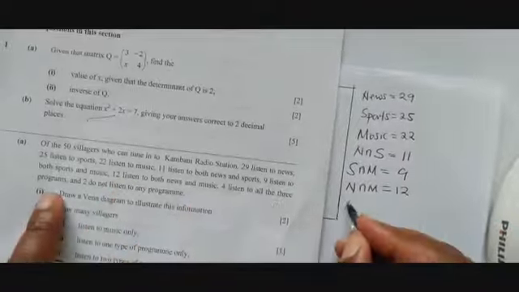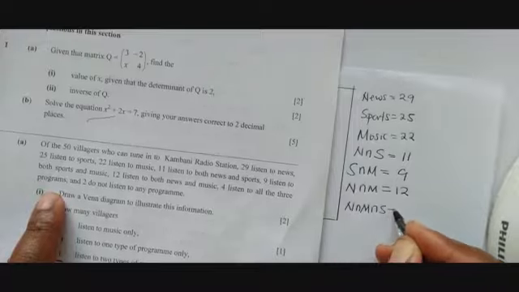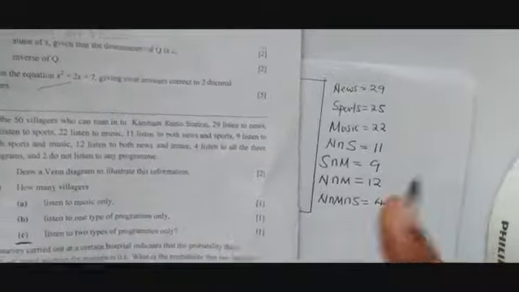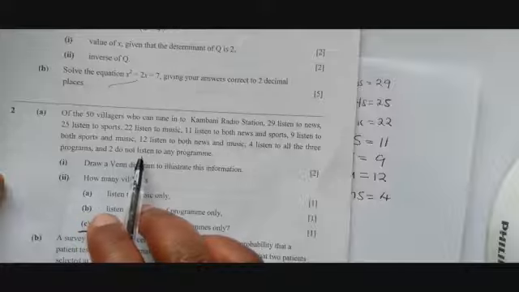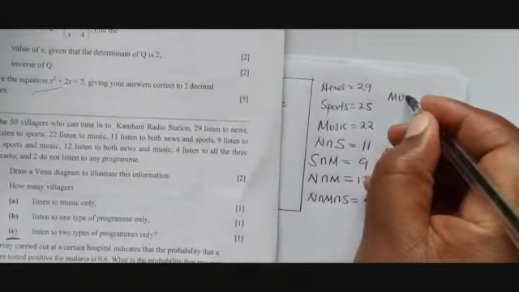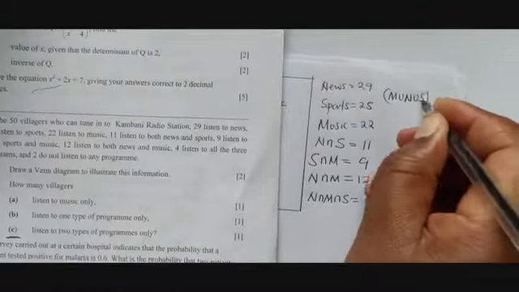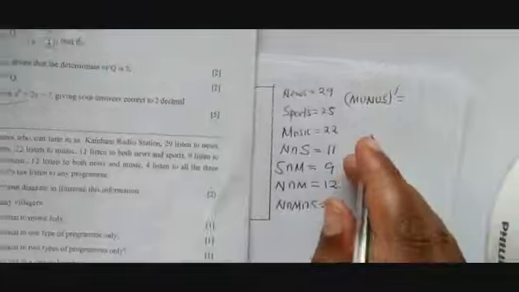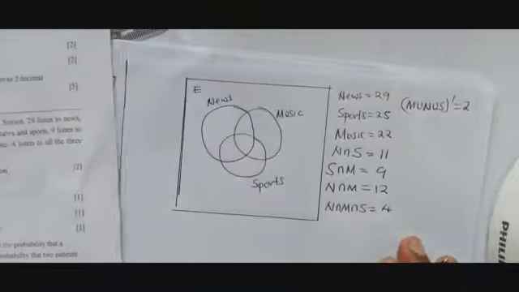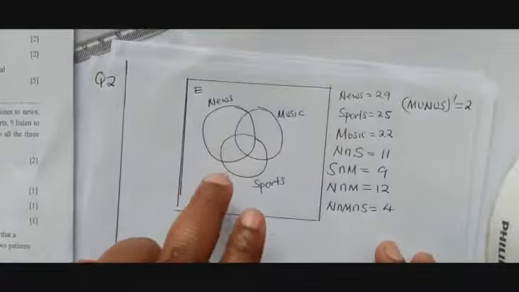That is news intersection music intersection sports, 4. All right. Then you have 2 that do not listen to any. That is music union news union sports complement, 2 outside here. Okay. Now having this information, we are able to substitute here.